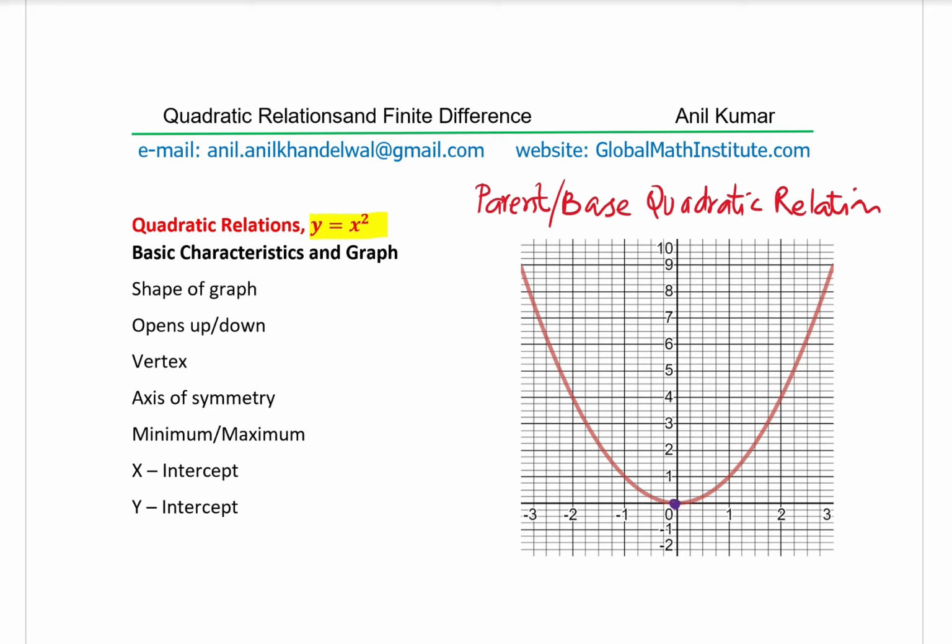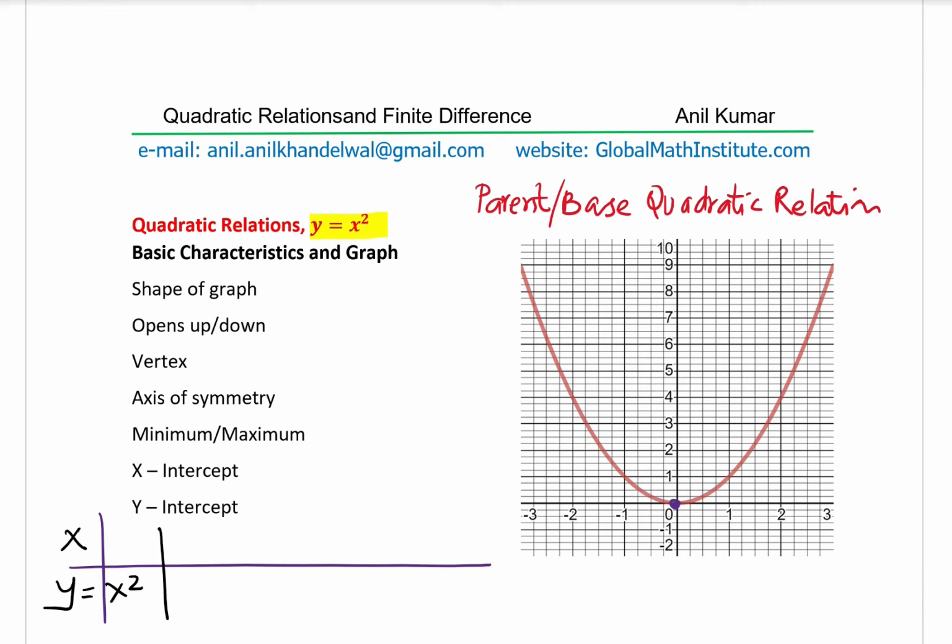So one of the critical points is starting with 0 itself. If we make a table for different values of x, we will write the values of y. So y values are actually the square of x, right? So y is equal to x squared.